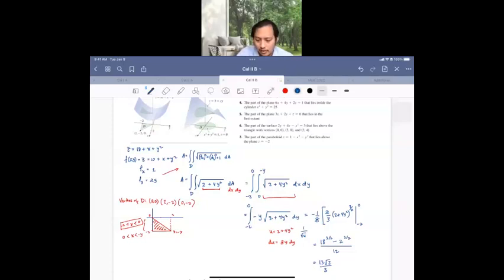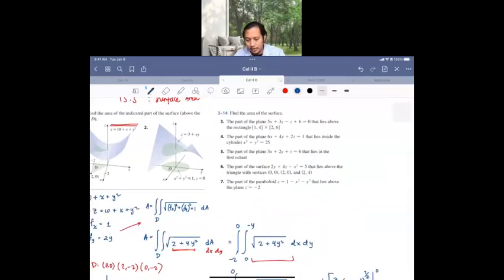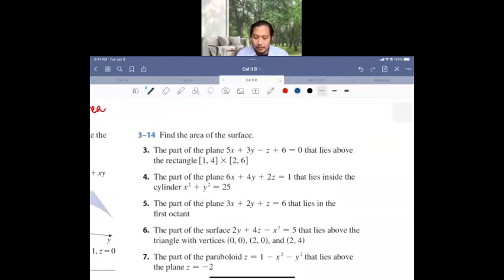Okay, perhaps the other type of questions, like you see here, I believe you could check it out by yourself. The idea is still the same, that is, you are going to be using the partial x, partial y. But for some case, like the case in number 3 here, remember that this is the plane.